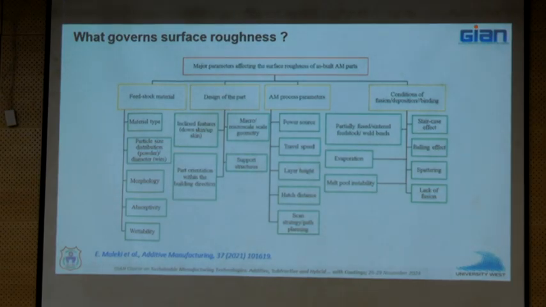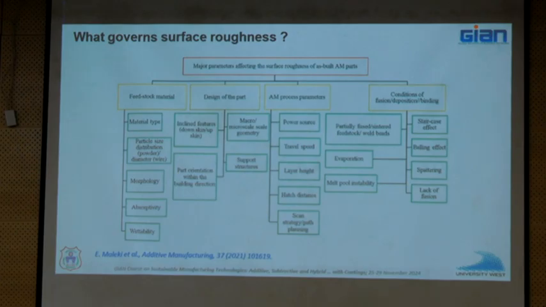How you design the part, and there is design freedom available, remember, but how you design the part, whether there are inclined features, how you orient the part during building. Is it oriented in the build direction? Is it transverse, right? And which surface then has a greater roughness, right?